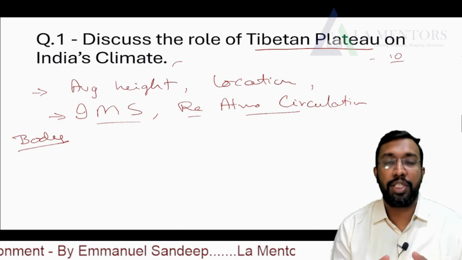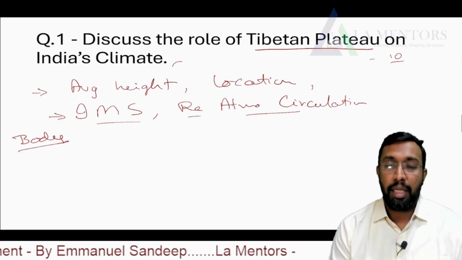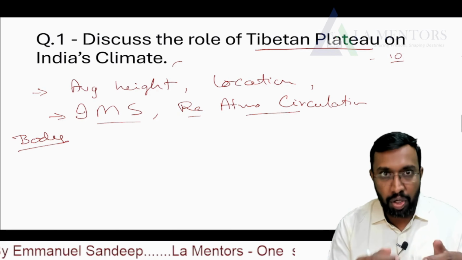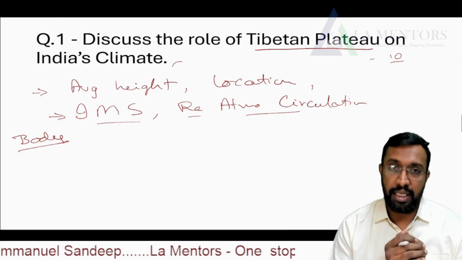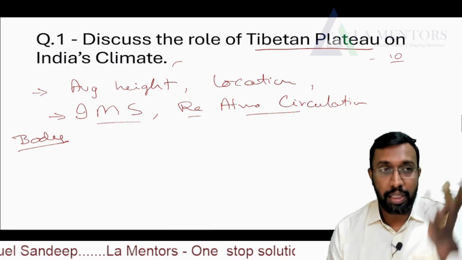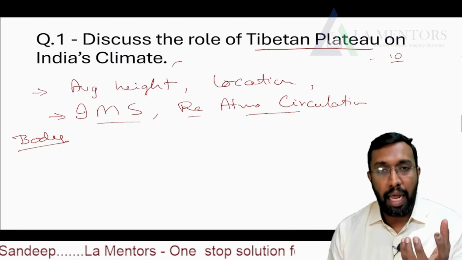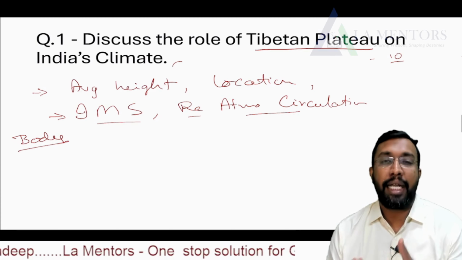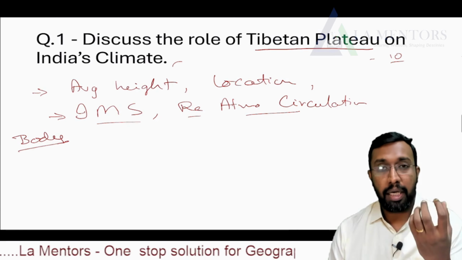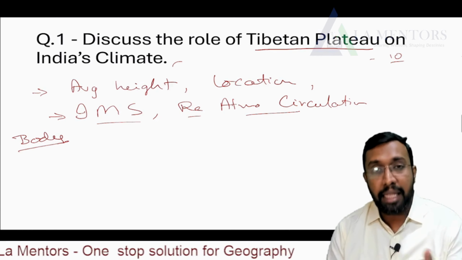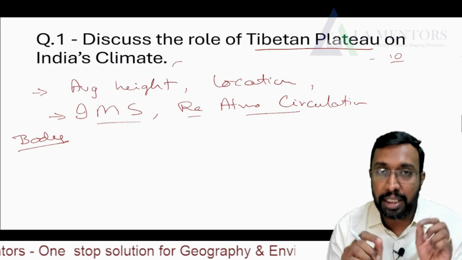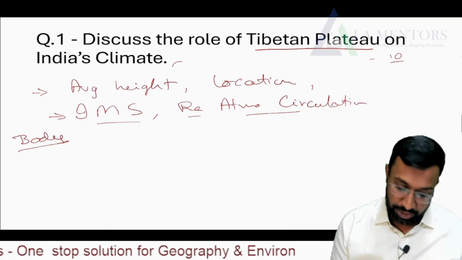It is a source for generating a great amount of heat across that region, because across those latitudes beyond 25 degrees north, this Tibetan Plateau, which is at a higher elevation, absorbs a good amount of the sun's insolation or the sun's radiation, and keeps a greater amount of heat across that region for a longer period of time, due to which the Tibetan Plateau has been heated up and the atmosphere close to that region has also been heated up, due to which there is a phenomenon of low pressure conditions prevailing within that Tibetan region.